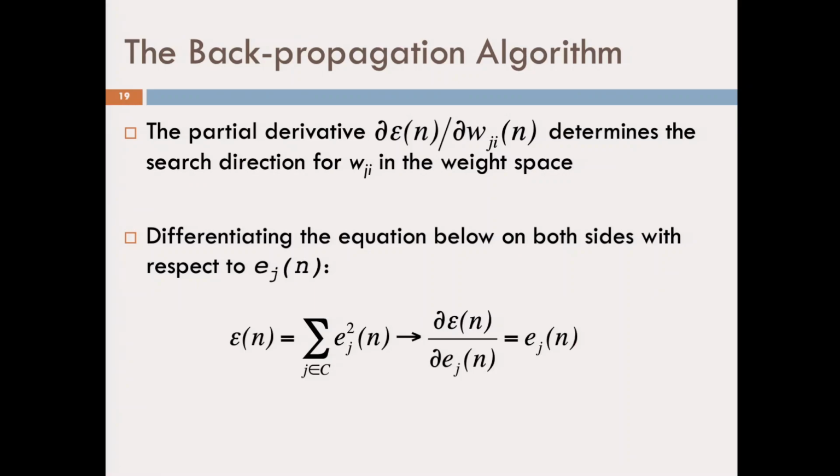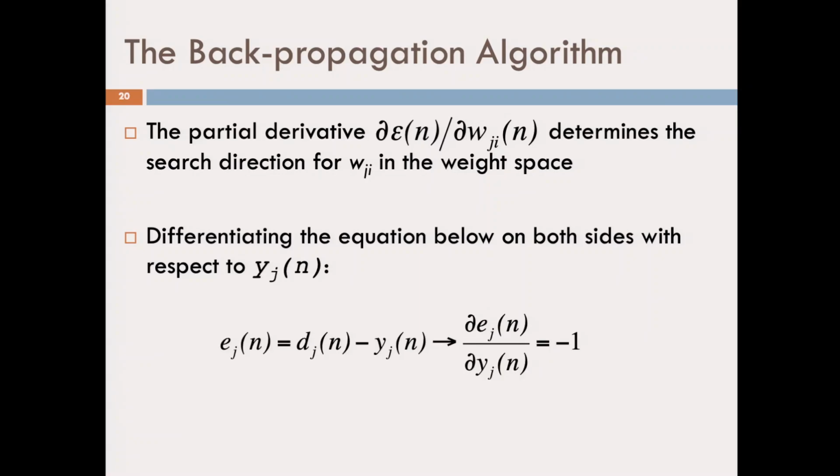Here we are differentiating the equation on both sides. I'm not going into much detail in the mathematics; I'm just showing you how the partial derivatives work. We know that the error is a summation over all the errors of the neurons, so applying the derivative on both sides, we get just the error of one neuron.